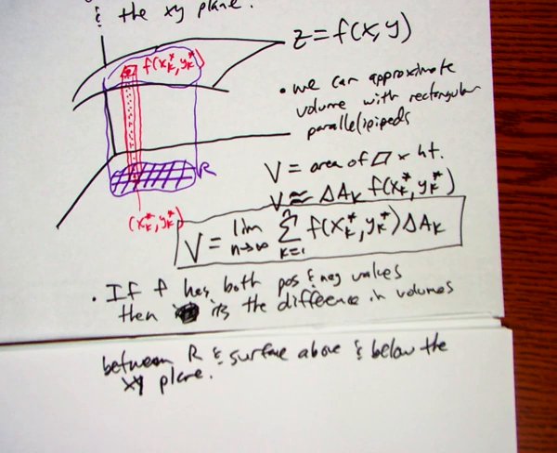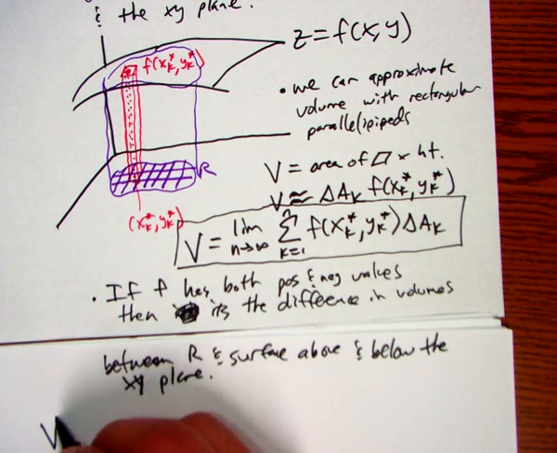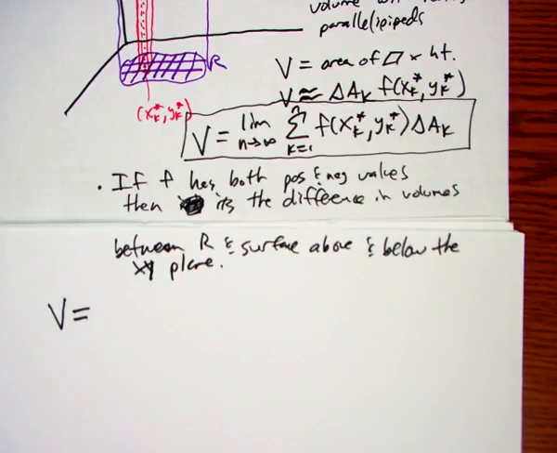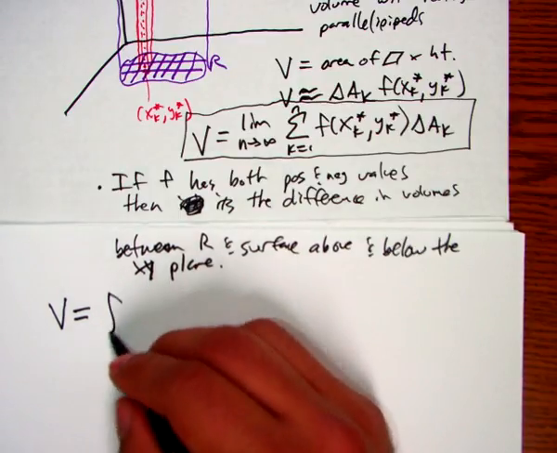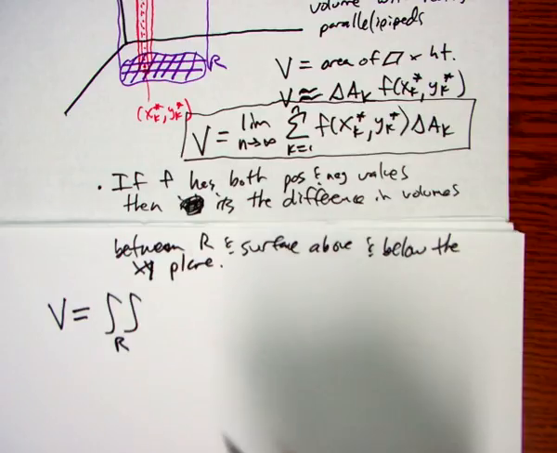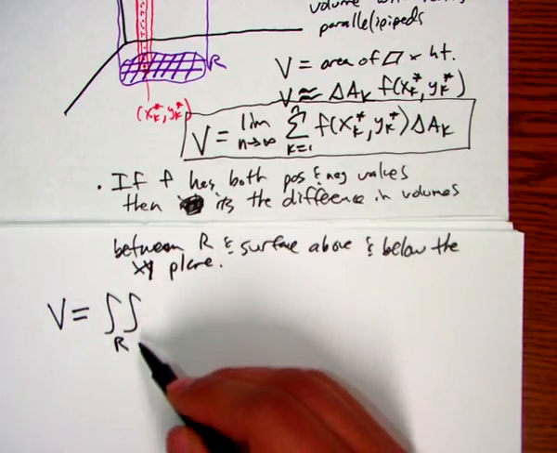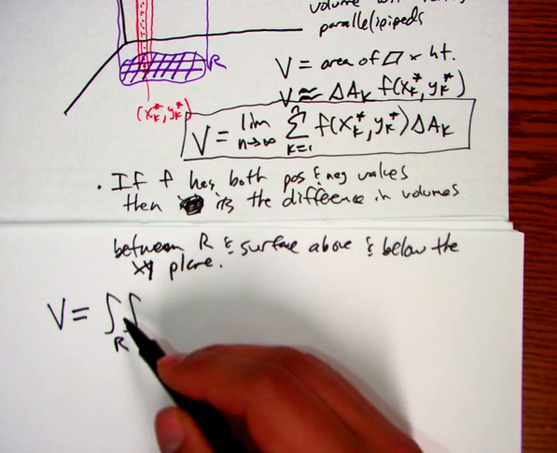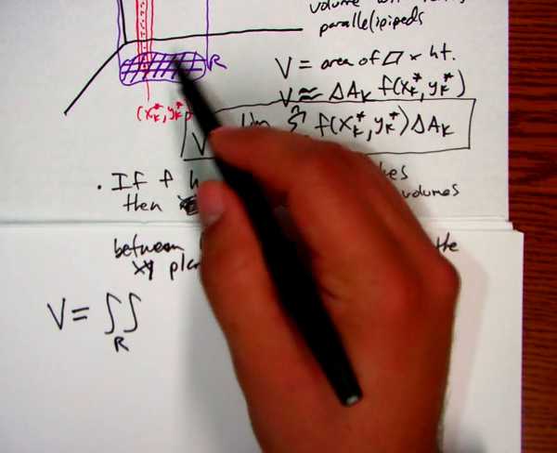Okay? And now if we connect this volume to integrals, it becomes a double integral as opposed to just one. We use R to define the region. So instead of integrating over an interval from a to b, we're going to have a region R as our bounds of integration.